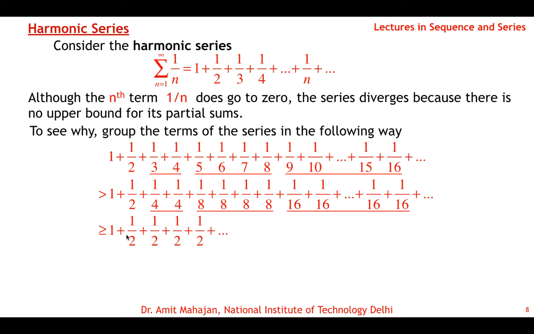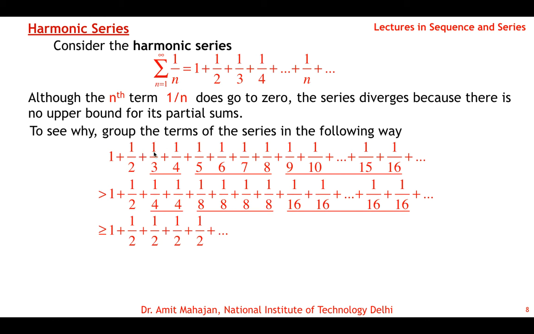If we leave the first term, it's a geometric series with first term half and common ratio 1. We know that if you have a geometric series with common ratio 1, then it is divergent. So this series of half plus half plus half plus half is a divergent series. Because the original series is bigger than this series, and if the smaller is diverging, the bigger is going to diverge.